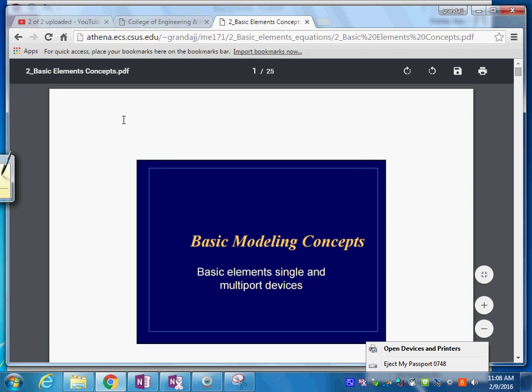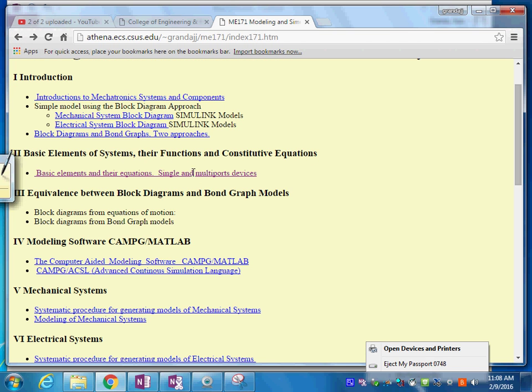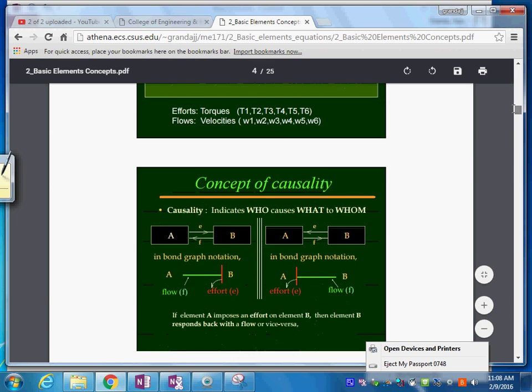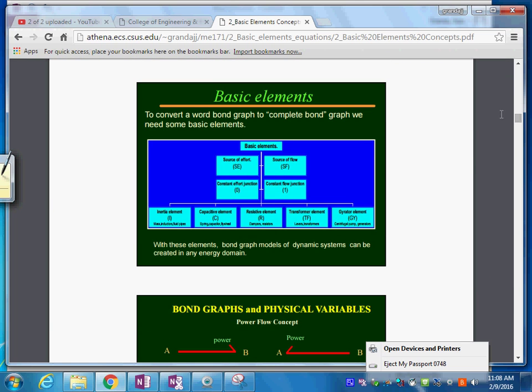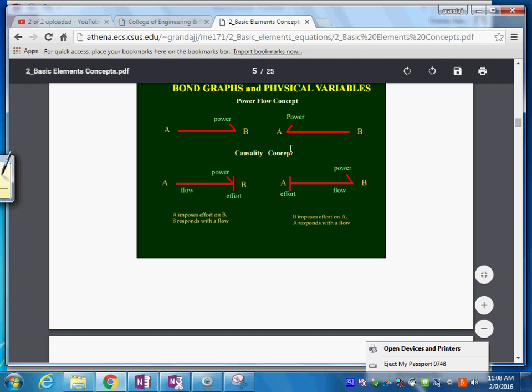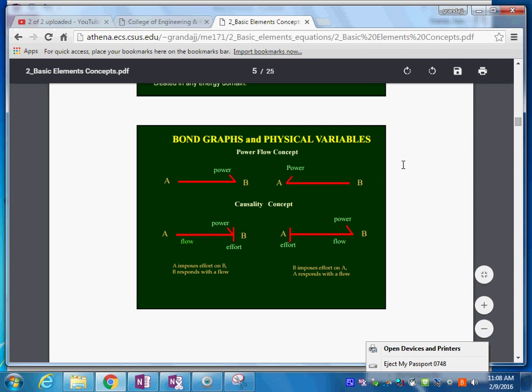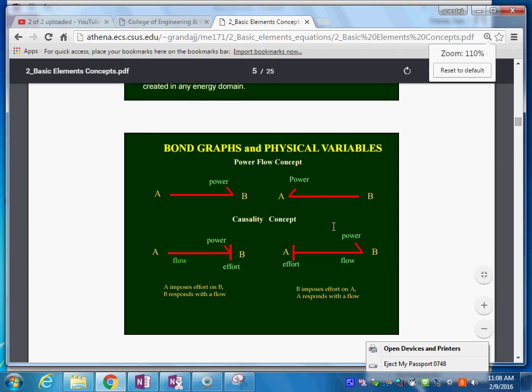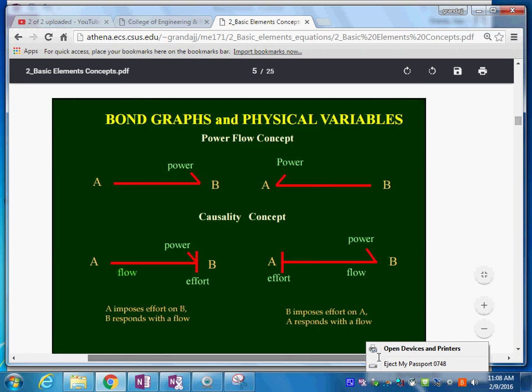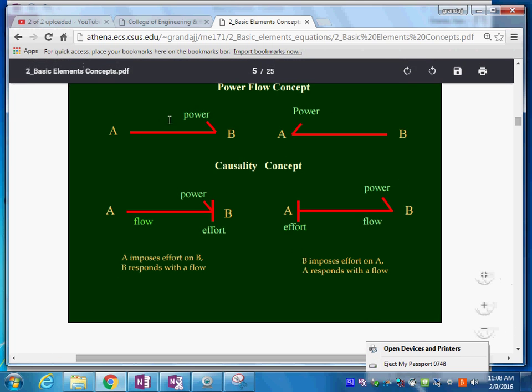But in here we have this ability to write from A to B or from B to A. We add another mark.